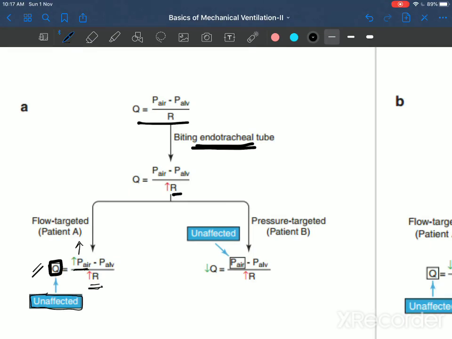Same equation, same resistance increase, but now the patient is on pressure targeted ventilation. Here the pressure remains unaffected; that is the independent variable. So Q is equal to airway minus alveolar pressure divided by resistance. The pressure should not be affected, because it is set independently by the ventilator.